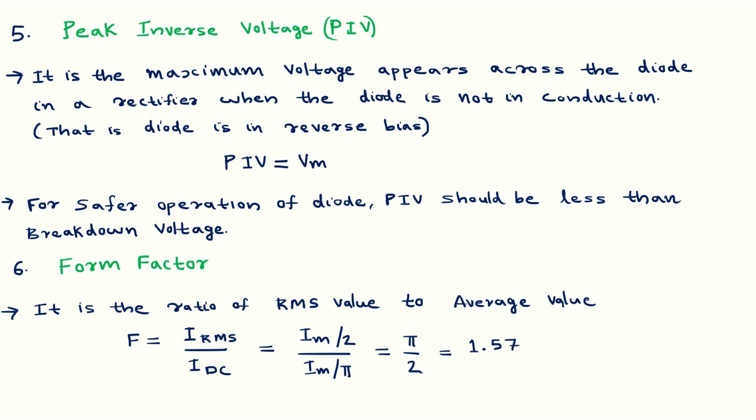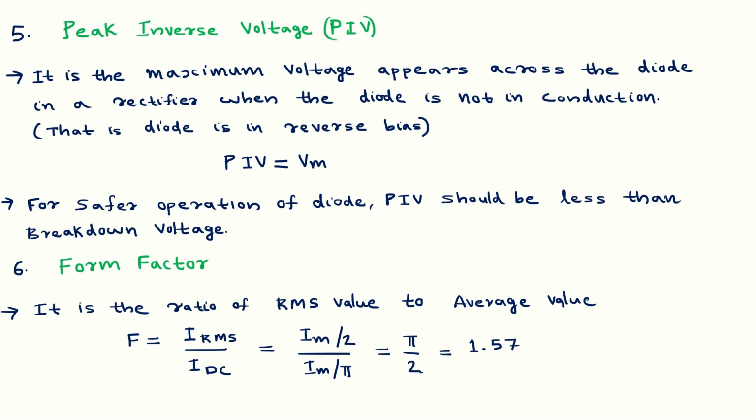So the PIV, peak inverse voltage, is the voltage developed across the diode when it is in reverse bias mode. PIV is the voltage that appears across the diode when the time is from pi to 2 pi.